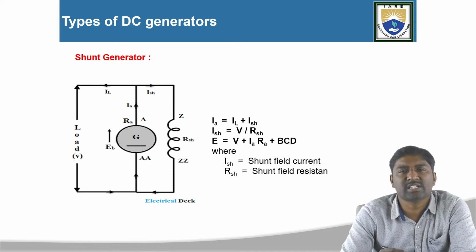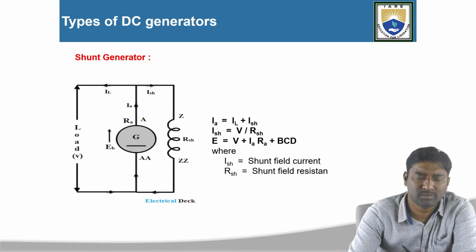It is classified into 3 types. First one is the DC shunt generator. According to the construction of the DC machine, if the armature winding and the field winding both are connected in parallel, then I am calling that type of generator a DC shunt generator.